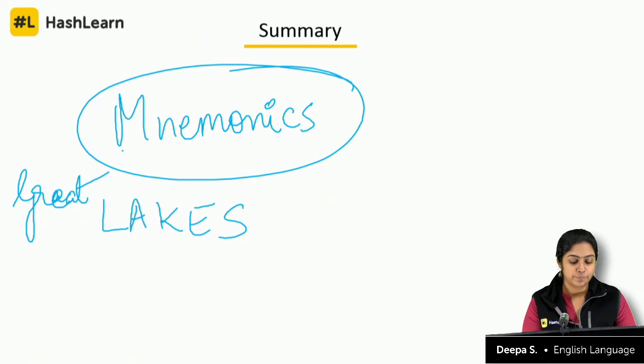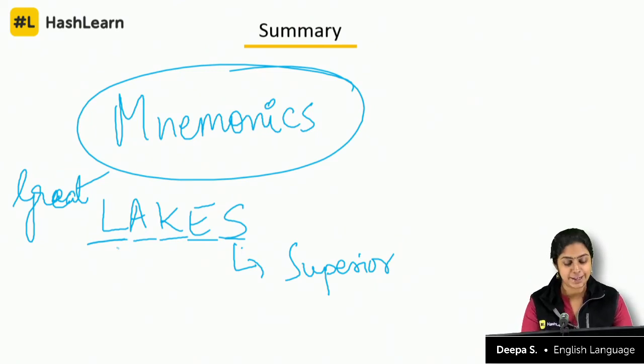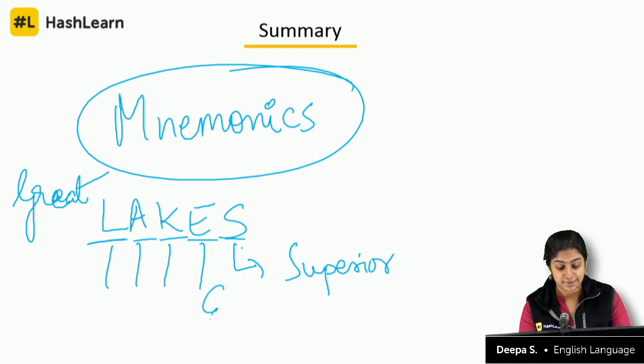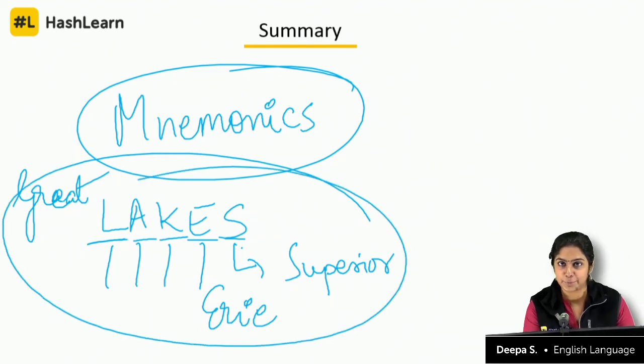So they make an acronym about the lakes. S is for Superior, and then L is for, I don't remember that now. E is Erie, and K is, I don't remember that now. Anyhow, they remember it this way.